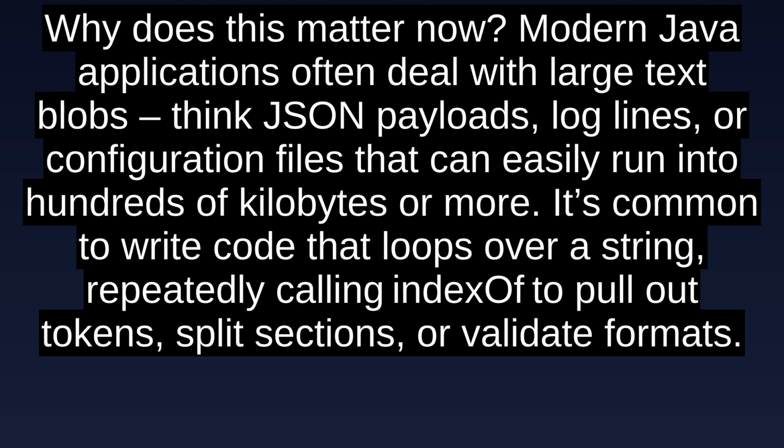Why does this matter now? Modern Java applications often deal with large text blobs. Think JSON payloads, log lines, or configuration files that can easily run into hundreds of kilobytes or more. It's common to write code that loops over a string, repeatedly calling indexOf to pull out tokens, split sections, or validate formats.